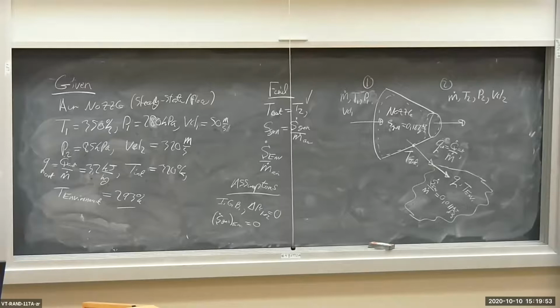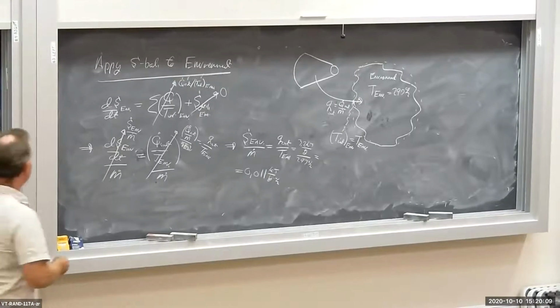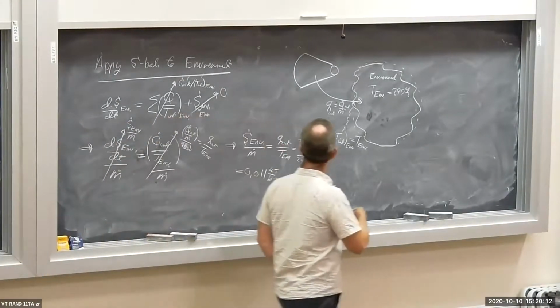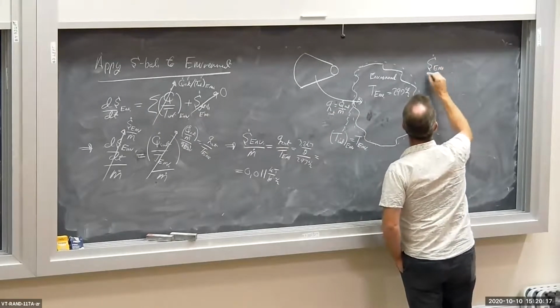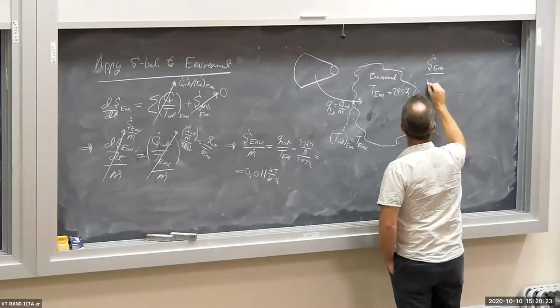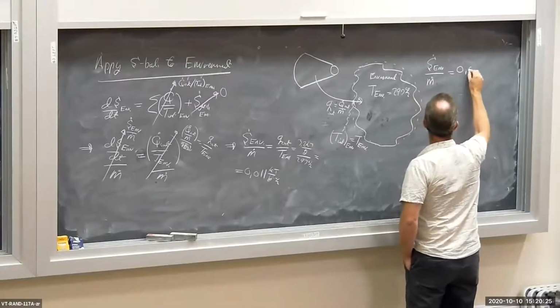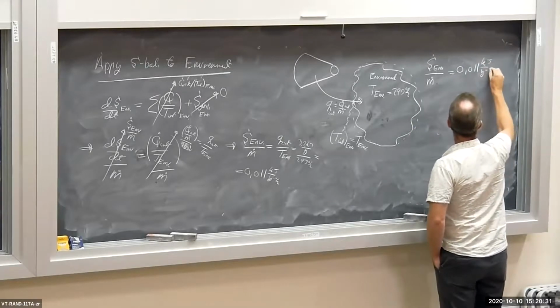Okay. Let's also calculate, so we've got this now. Let me write this result down. Let's investigate this. We just cranked some numbers out. Let's investigate what's going on. So let me write right over here. S dot environment over M dot for the air is equal to 0.011 kilojoule per kilogram Kelvin.